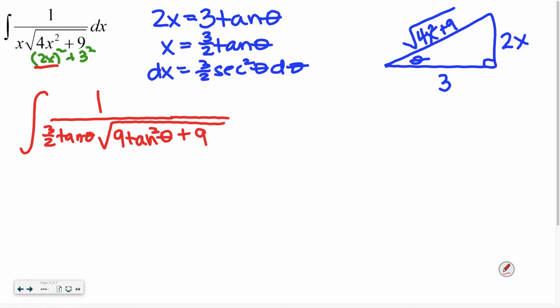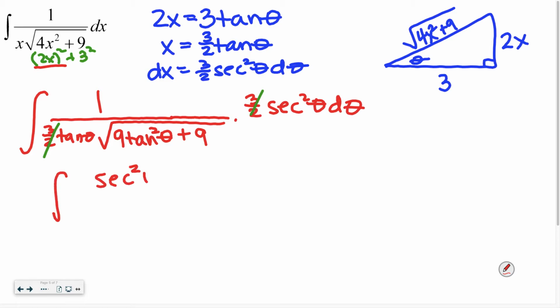And then dx is 3 halves secant squared theta d theta. Well, hey, 3 halves can cancel. So we have secant squared theta over tangent theta. What happens with our radical?